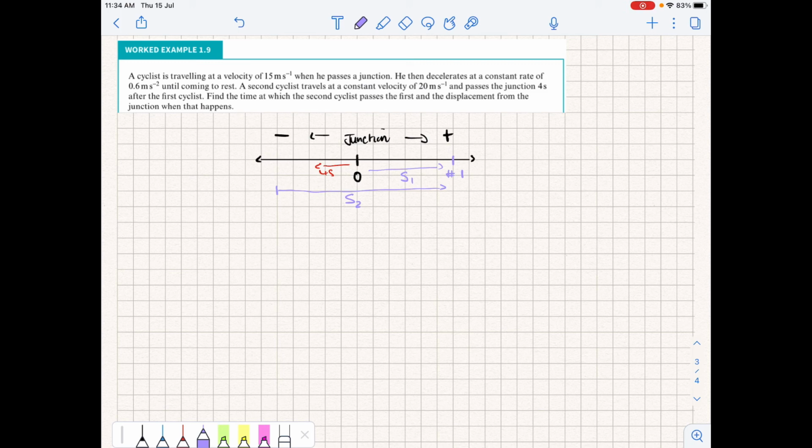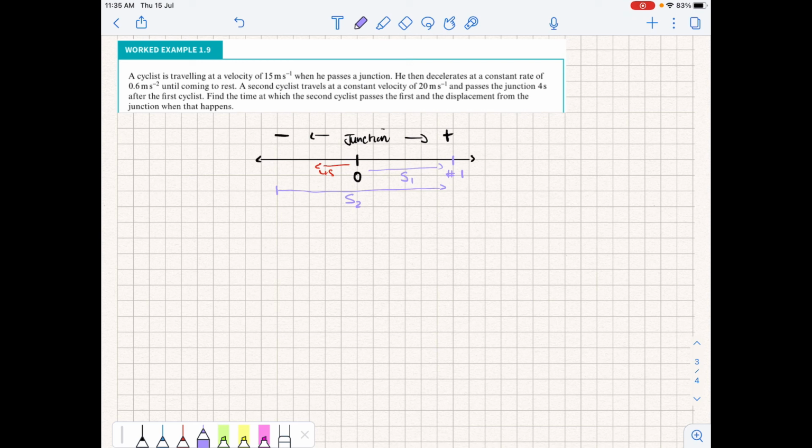Now, the very important thing when we talk about displacement is, even though the second cyclist will have covered a greater distance, displacement does not take distance into account. It doesn't care for how far something has traveled, okay? What displacement is, is a position away from a starting position.